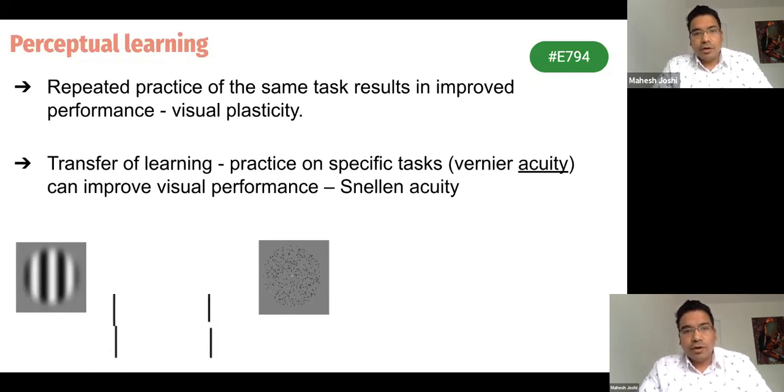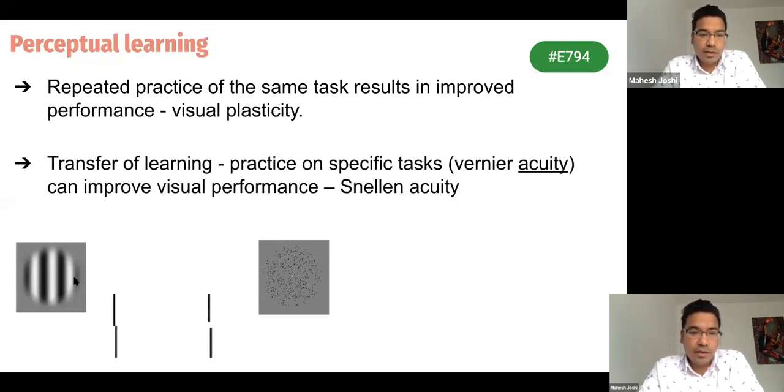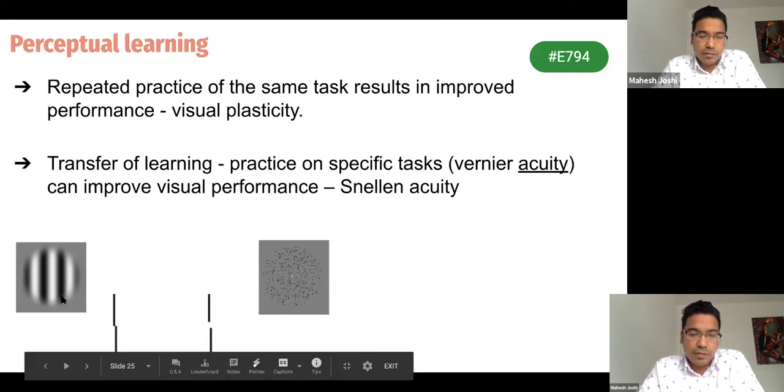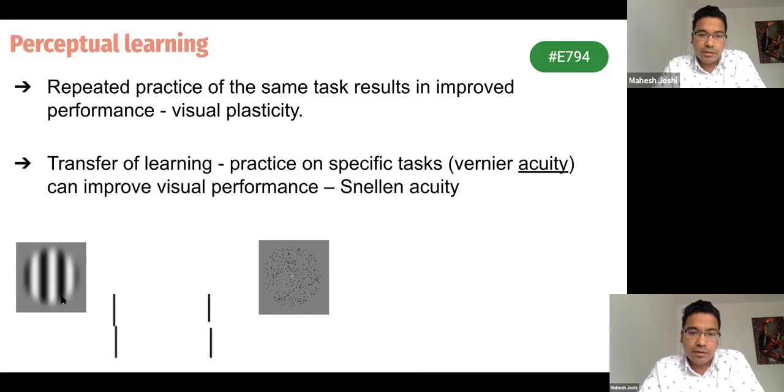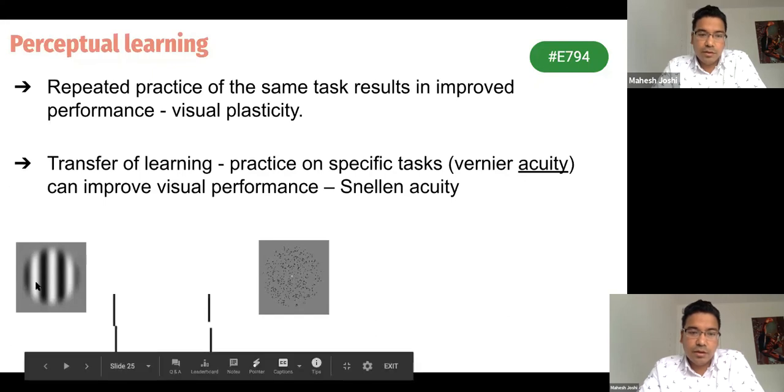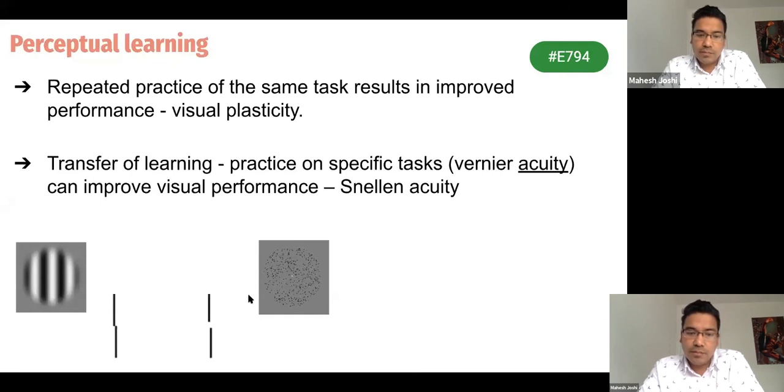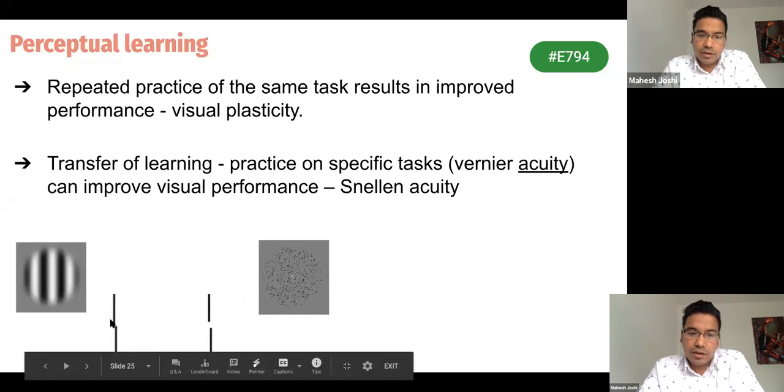So let's start with what perceptual learning is. In a typical perceptual learning paradigm, a participant performs 1,000 or more trials on a specific task, for example, finding the orientation of a Gabor patch, the movement of dots, or even hyperacuity tasks, for example, right or left offset from the vertical.